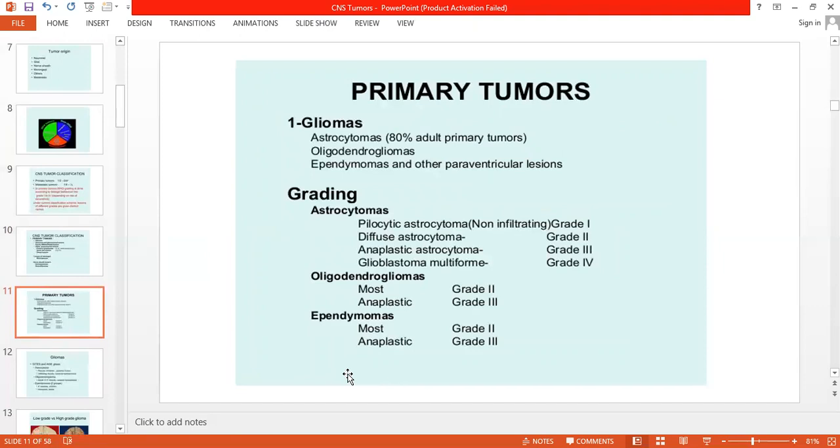Among the primary tumors are of course gliomas, and the commonest among these gliomas are astrocytomas, 80%, followed by oligodendrogliomas and ependymomas. How they are graded is not important for you, but with each higher grade, they are more aggressive tumors.